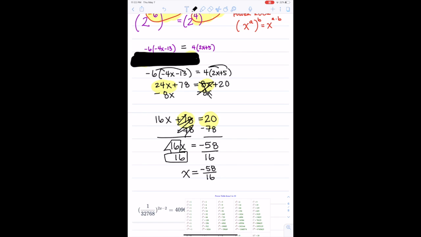So just keep in mind this can be reduced by definitely 2. So -29 over 8. I think that's as far as we can go. So that would be my answer, -29 over 8. Yep. All right, that should do it.